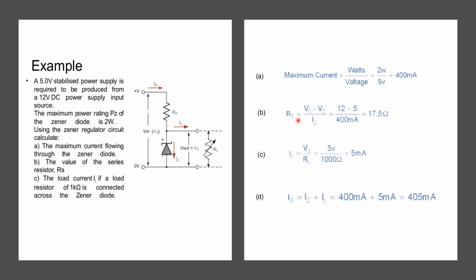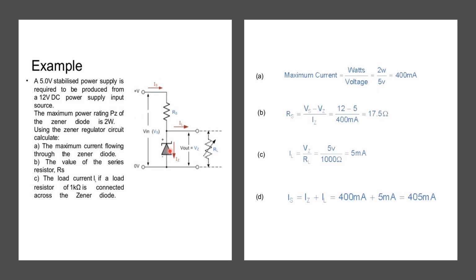Now we will calculate the series resistor. The series resistor is calculated from the difference between the source voltage and the Zener voltage, with respect to the Zener current. In this case, the source voltage is the 12 volts DC power supply, so that is 12 minus VZ, the Zener voltage.